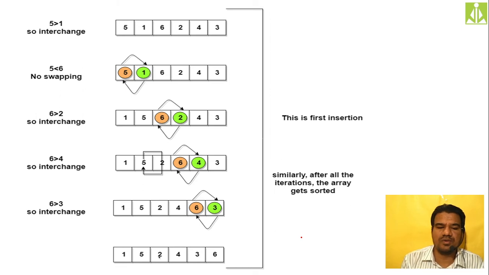First we compare the first two elements, 5 and 1. Here 5 is greater, so whenever 5 is greater than 1, we perform the interchange.